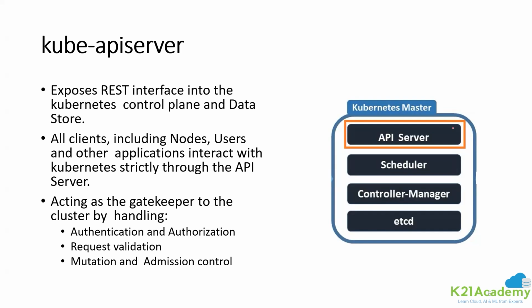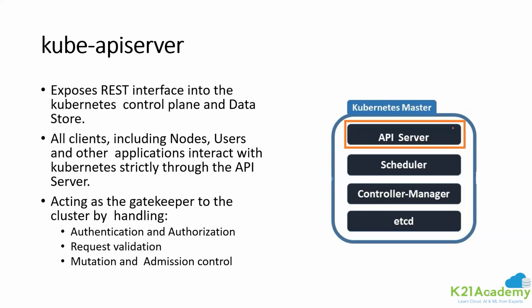If you have, then it will authorize you to deploy your application, and request validation, whether what you are writing is right or wrong, so that it can be deployed or not. What is the error, in which line you have the error, all of that is taken care of by the API server.